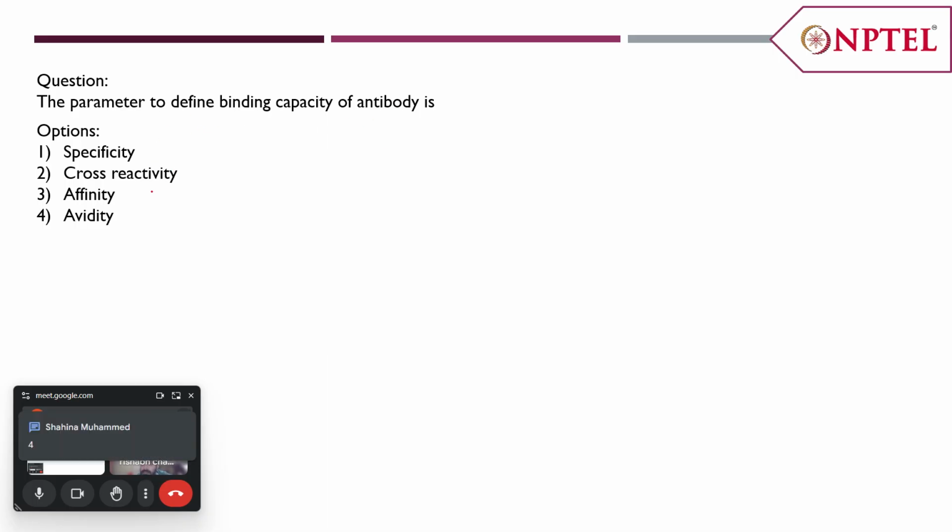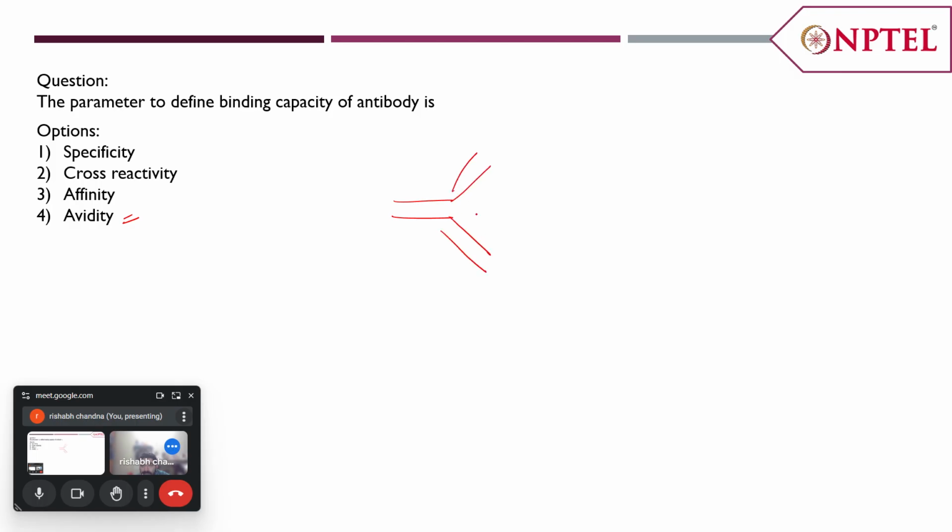So basically, if we are talking about an antibody, we have different terms that are used. For example, I'm drawing one antibody. This is the heavy chain, the light chain. This is the antigen binding part. Now, if an antibody can bind to this particular epitope, that means it's specific for this particular epitope only. It will not be able to bind to this or this epitope.